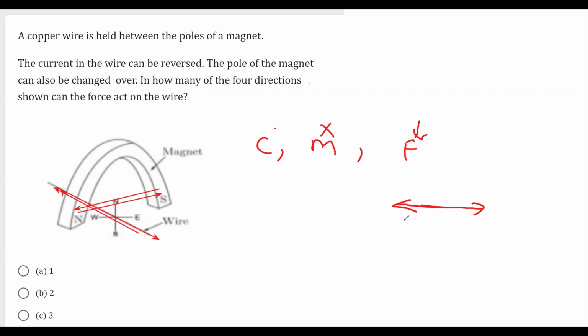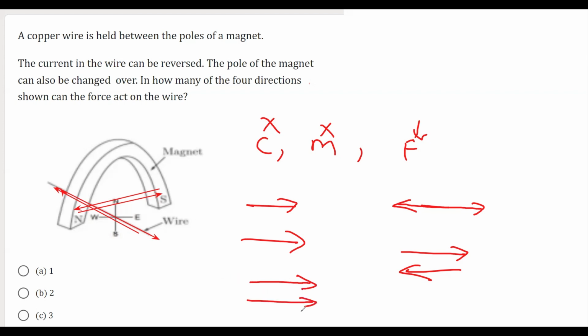Now on changing the magnetic field, assume the force was acting in this direction without changing the current direction; it will be opposite. And if you change both of them, then if the direction was this originally, it now remains this only. So we can say that the direction here can be reversed. It may act in the same direction or the opposite direction. So they can change in only two ways.